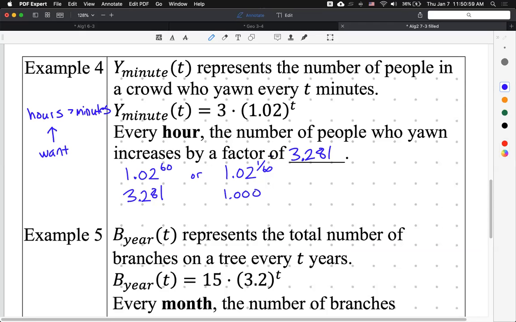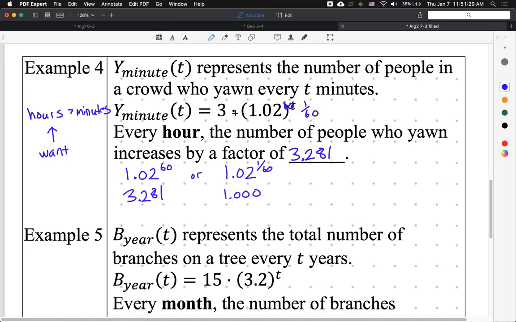So the reason that this works is you're basically saying there are 60 minutes per hour. So this is really saying 1.02 to the power of 60t. And if you remember, to get this back to 1, I need to plug 1 over 60 into t. If you plug 1 over 60 into t, then our ratio is still 1.02.